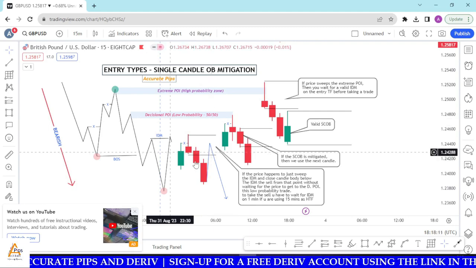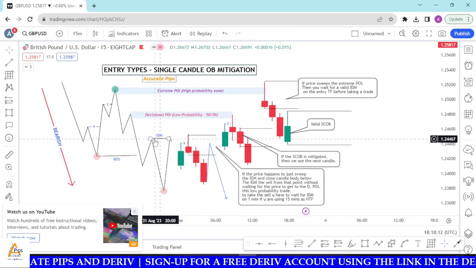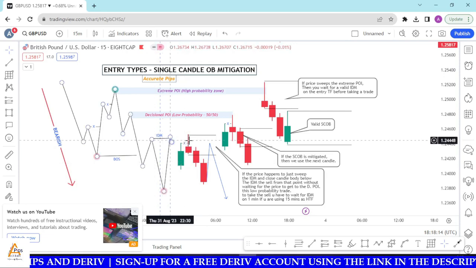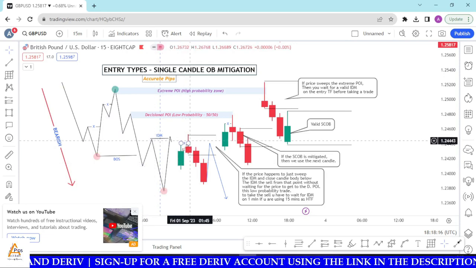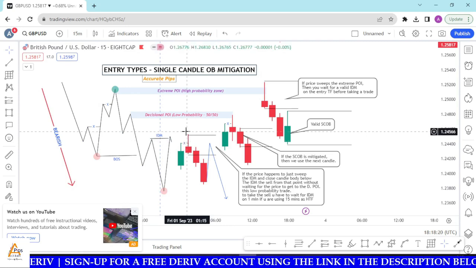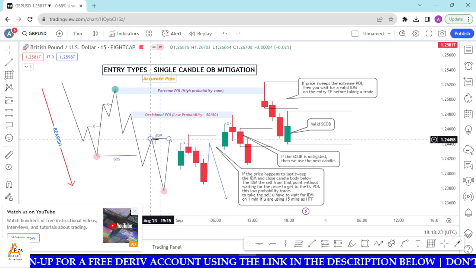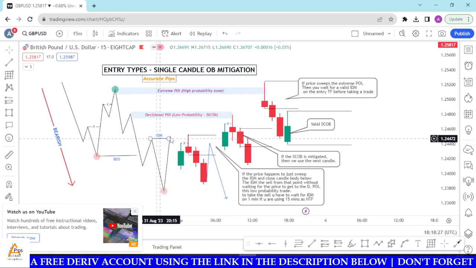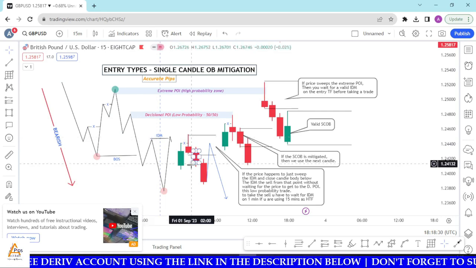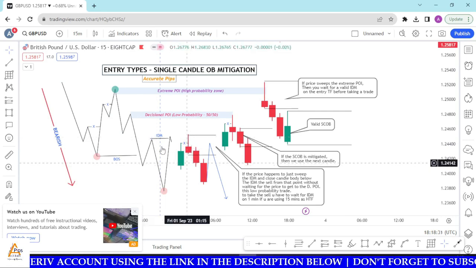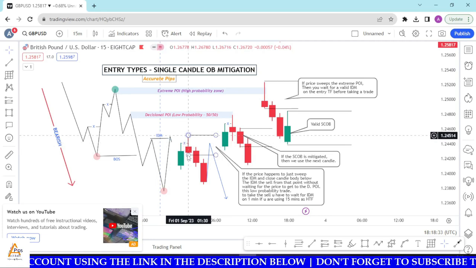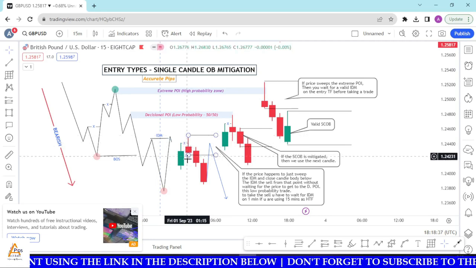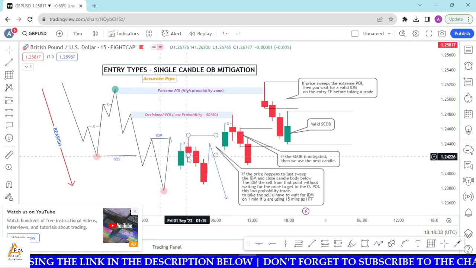So now let's look at something. There are times when market will just sweep your inducement and will not candle close above it on your higher time frame. Let's say market on 15 minutes just came and swept this and pushed down. When that happens, that is what we refer to as our single candle order block forming at that point.